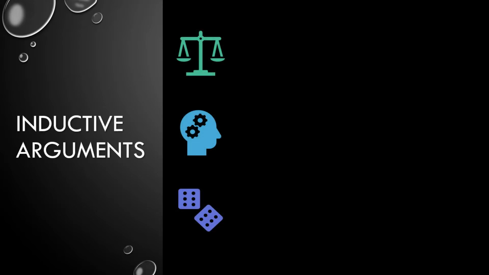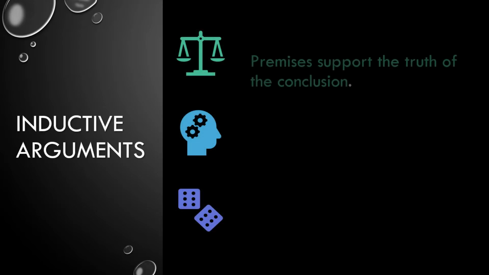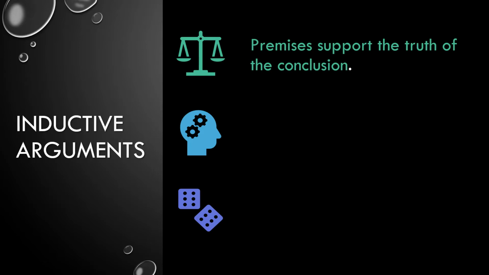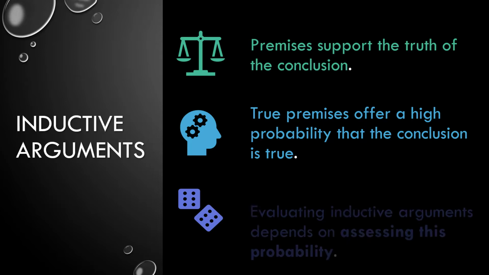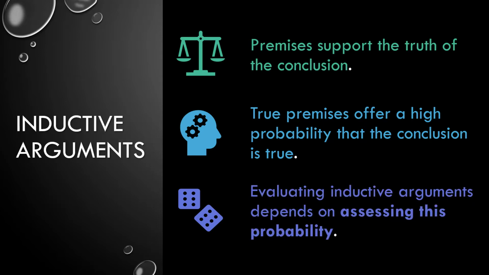Like all other arguments, inductive arguments try to support a conclusion by offering premises which, if true, support the truth of the conclusion. Since the key difference between inductive and deductive arguments is that true premises in a strong inductive argument offer a high probability that the conclusion is true, while true premises in a valid deductive argument guarantee the truth of the conclusion, evaluating inductive arguments depends on assessing the probability.